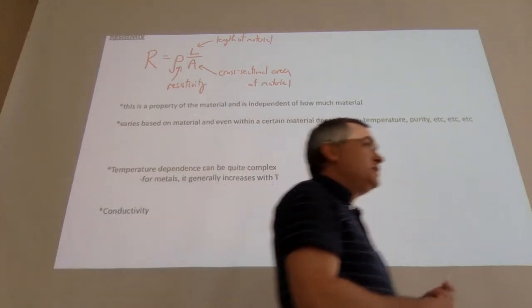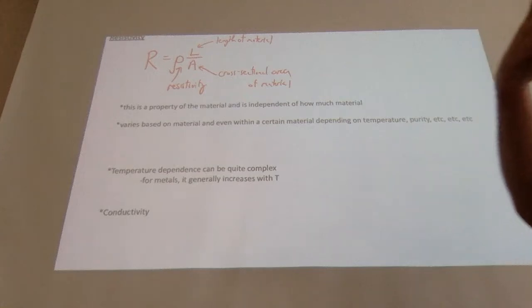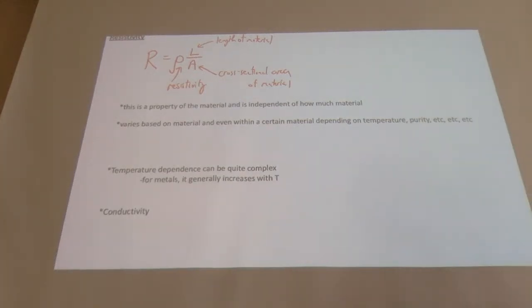Resistivity times the length of your material divided by the cross-sectional area of the material tells me the resistance of that piece of material.